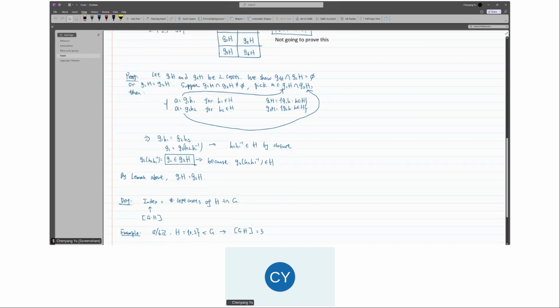So we can solve the equation and say G1 H1 equals G2 H2. You can multiply H1 inverse on the right for both sides. So you have G1 equals G2 times (H2 times H1 inverse). The inverse comes from here, okay?